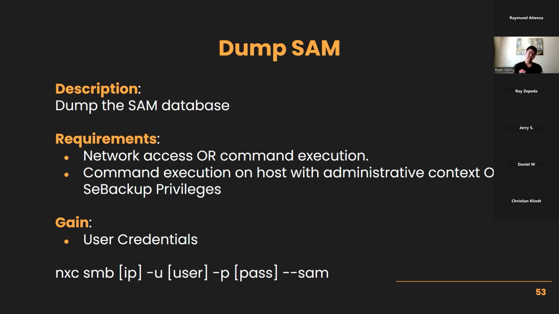Another, with administrative privileges, would be to use netexec. If you have admin privileges, you can just run the netexec way. But if you have SeBackup, actually, I think you could still use netexec with SeBackup. Windows is very weird in how it works, but netexec is your best friend.